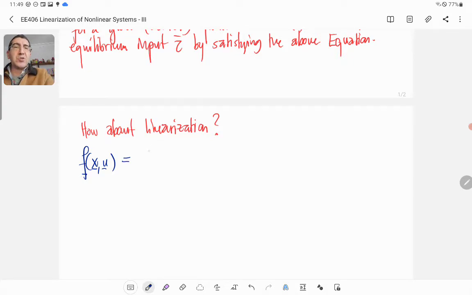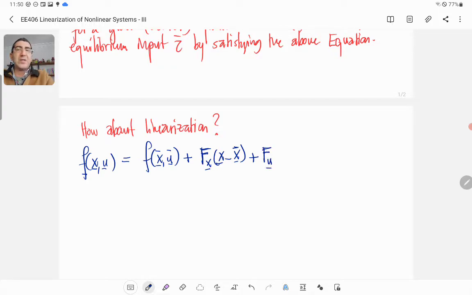Therefore, this approximation takes the form of, first you evaluate this function at the equilibrium point and the equilibrium input, plus you consider the Jacobian with respect to the state multiplied by x minus x bar, the equilibrium state, plus, since you now also have a dependence on the input, you also need to consider how this function changes with respect to the input.